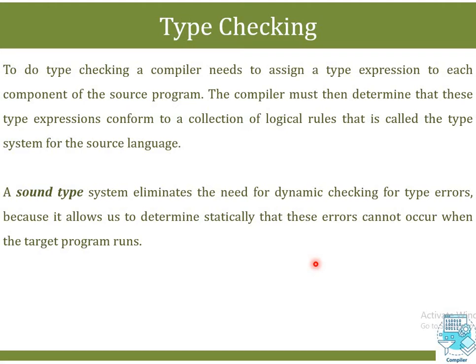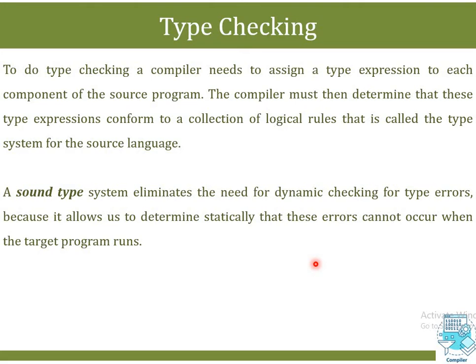As I said earlier, if you want to perform type checking, how can it be done? For every component in the program, a type expression is assigned, and during execution of the program, the component is validated based on the type expression. And there is something called a sound type system.